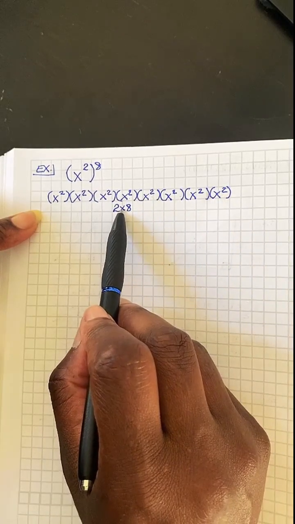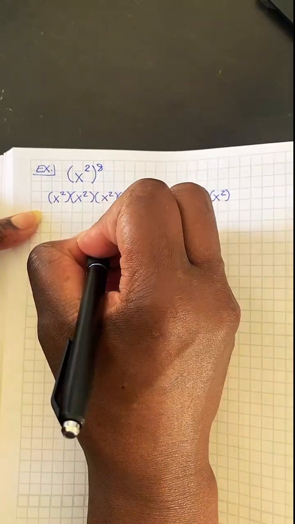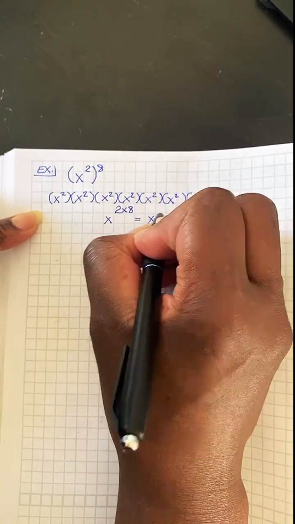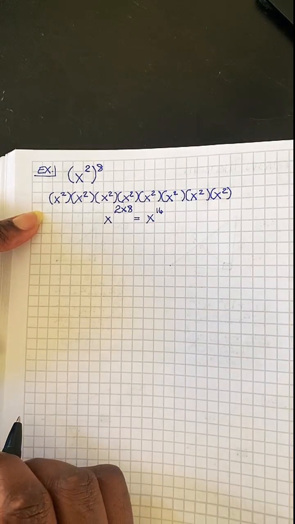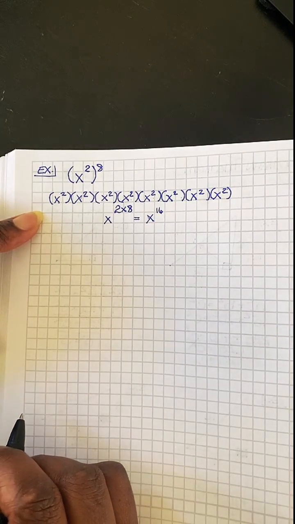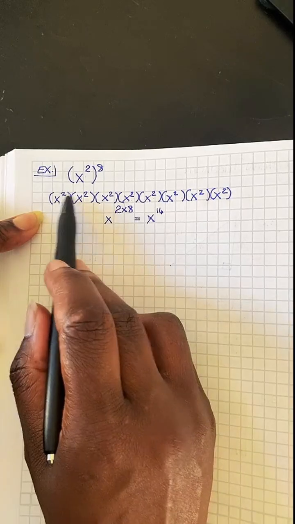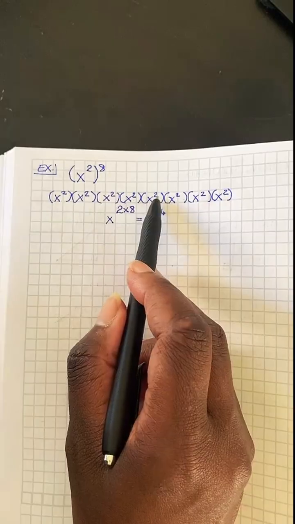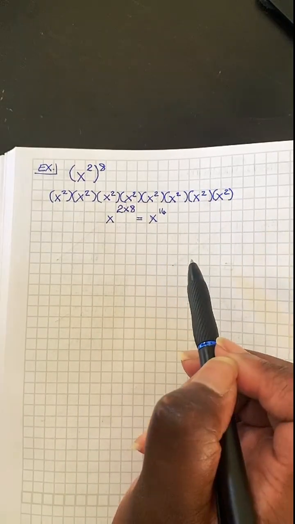So we're going to keep that philosophy going for this problem, which gives me x raised to the 16th power. 2 plus 2, that's 4, plus 2, 6, 8, 10, 12, 14, 16.